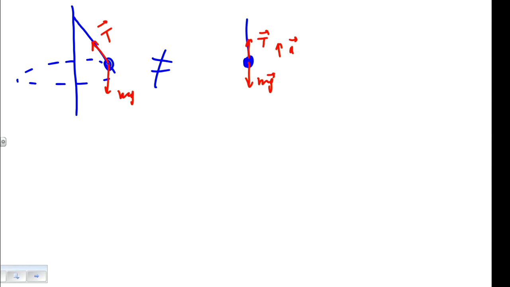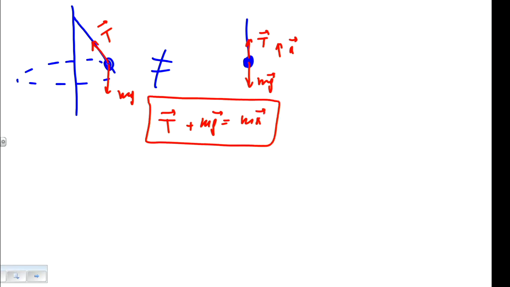Because now, actually, if we write Newton's law, it looks the same. Newton's law never depends on what is happening. But the application of Newton's law will be completely different, because here everything is vertical. In my example, T minus mg equals ma. So we're just pulling up on a string.